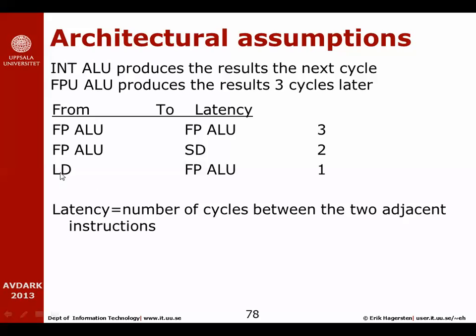And from the time we do a load double until the time we do a floating point ALU operation is a latency of 1 cycle. The latency number here is the number of cycles between the two adjacent instructions of these two types.